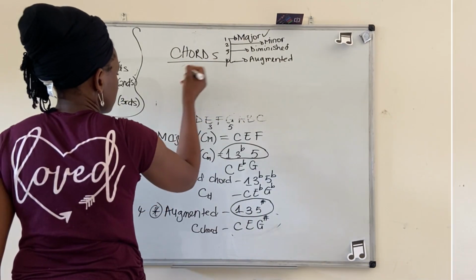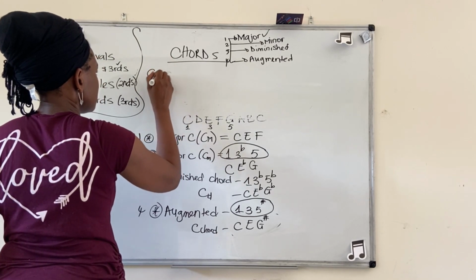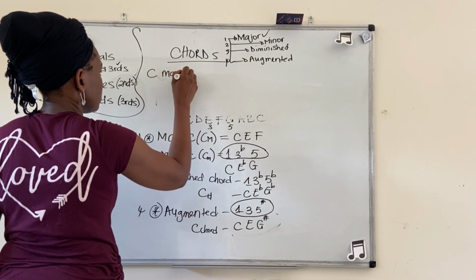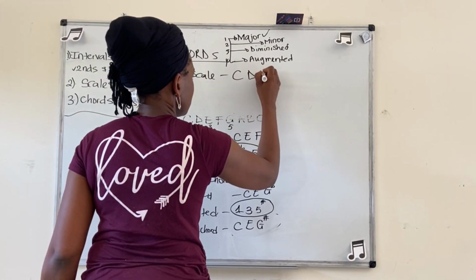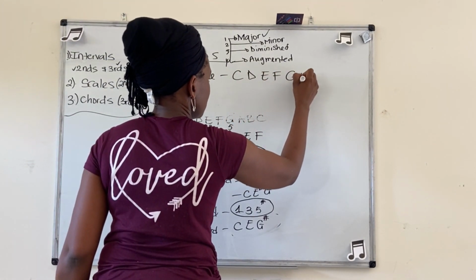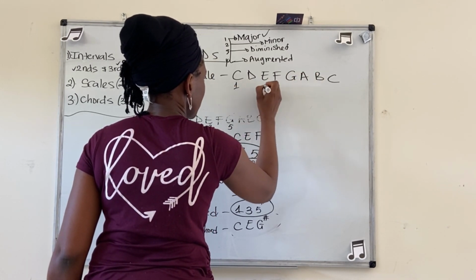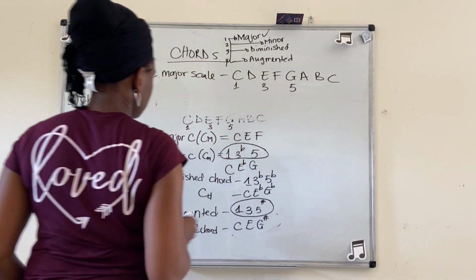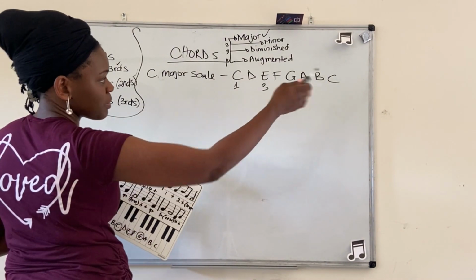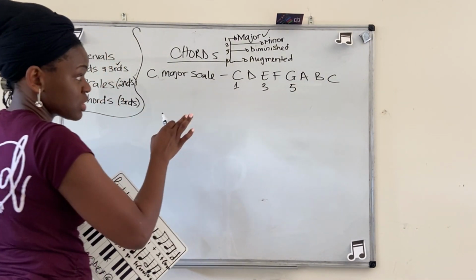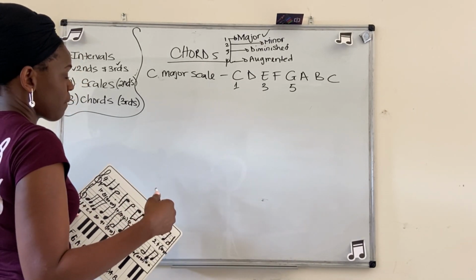So our C major scale: C, D, E, F, G, A, B, C. Major chord is 1, 3, and 5. Other scales like the D and E and others have sharps and flats in them. All major scales have sharps, while all minor scales have flats.